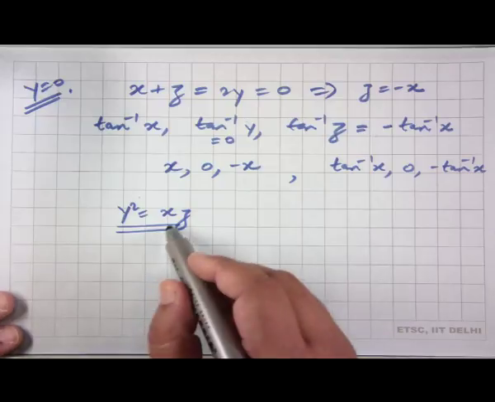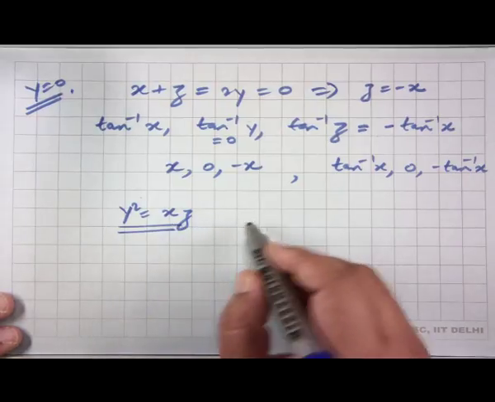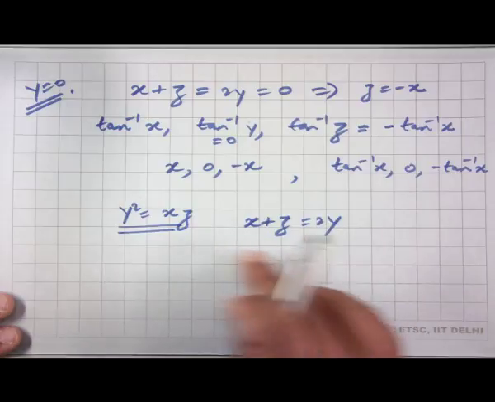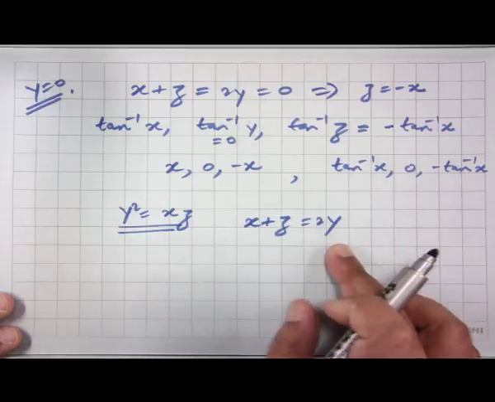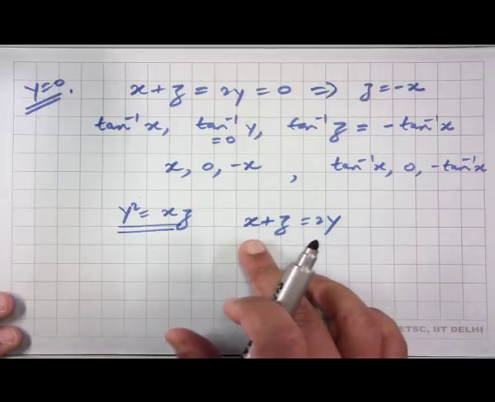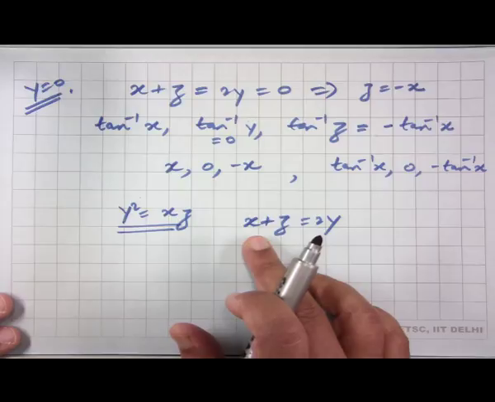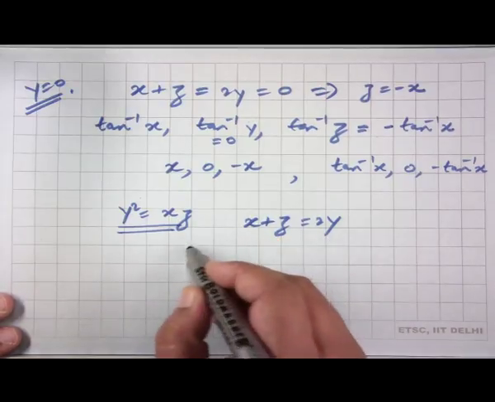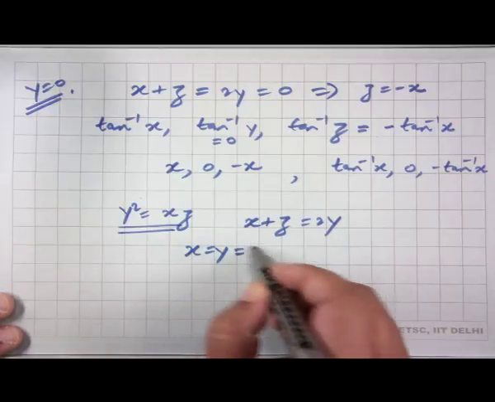But this actually implies that x, y and z are in geometric progression, and at the same time we have x plus z equal to 2y, which means that they are in arithmetic progression. So, because x, y and z are in both arithmetic as well as geometric progression, the only possible way is that x is equal to y equal to z.